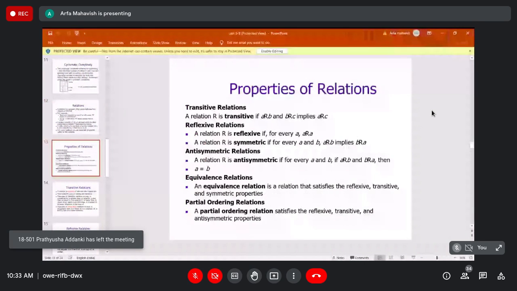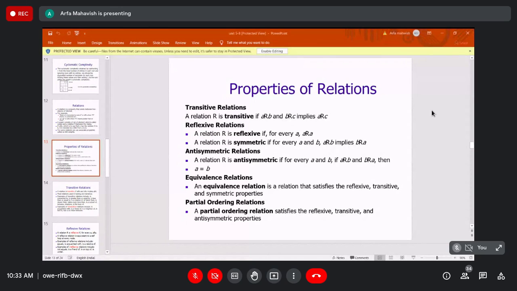A transitive relation is when there exist two relationships, ARB and BRC, and the relation R is said to have the transitive property if ARB and BRC imply ARC.